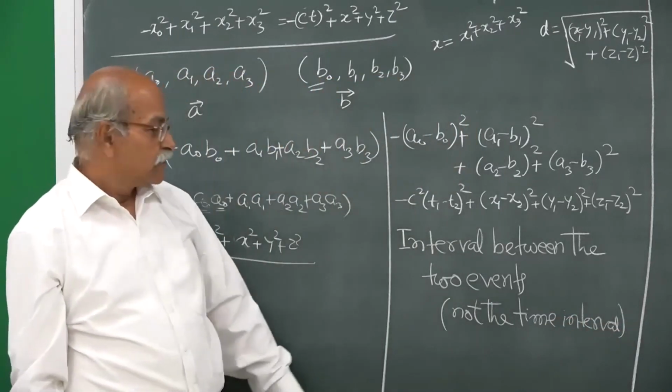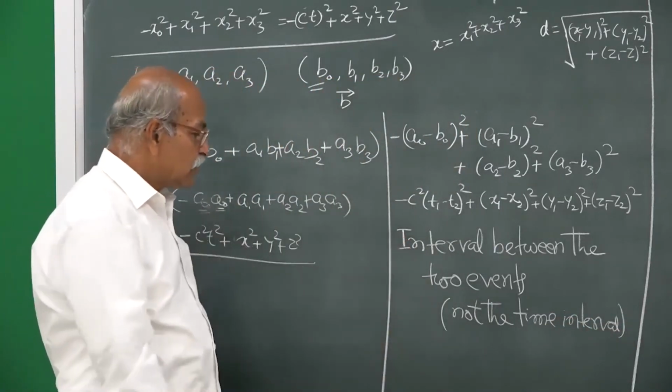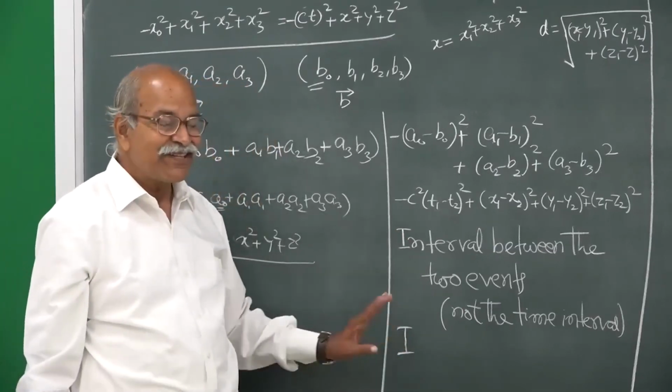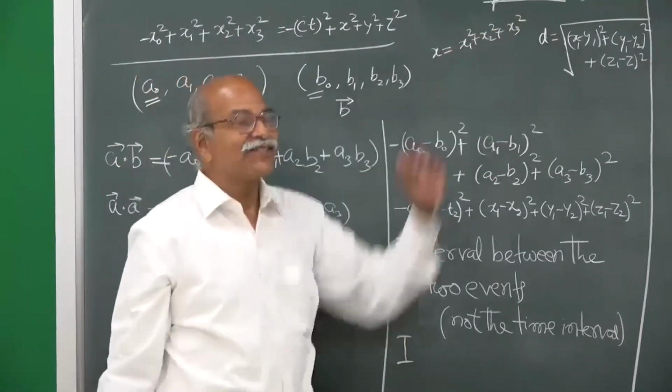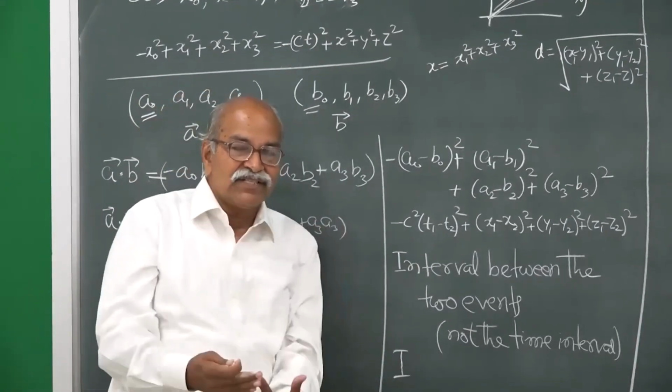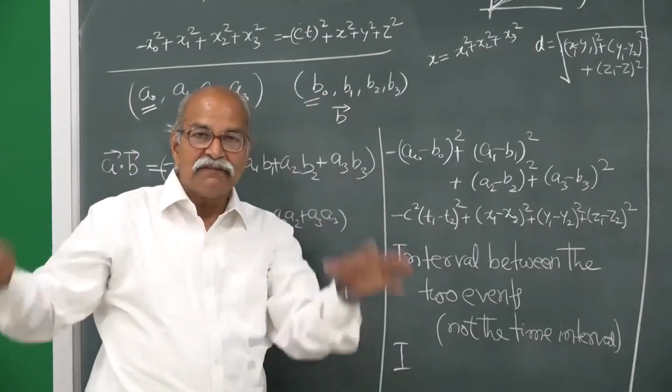So this quantity is called interval, you can write it as I, and this is again a Lorentz invariant. This does not change, just like this distance does not change. So these are the analogies from our geometrical vector space.